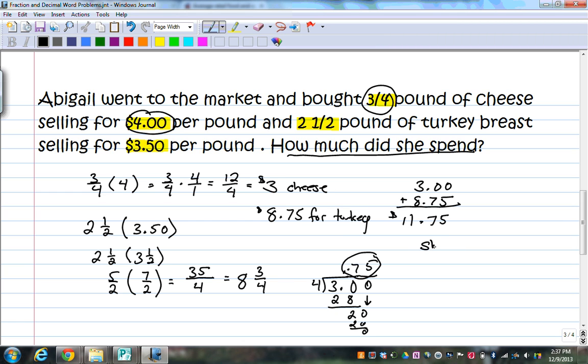So she spent, I guess you should start with Abigail, because language arts teachers would be much happier if you started with the girl's name. Abigail spent $11.75. Okay? Is that good? I think so. Let's try another one.